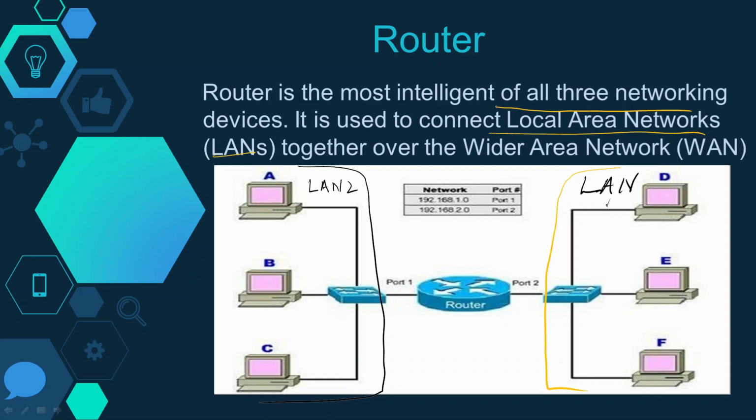Now LAN 1 and LAN 2 means that these two LANs have different networking properties. They have different network IP addresses. Let's suppose this one has 192.168.1.10, and this one may have 192.